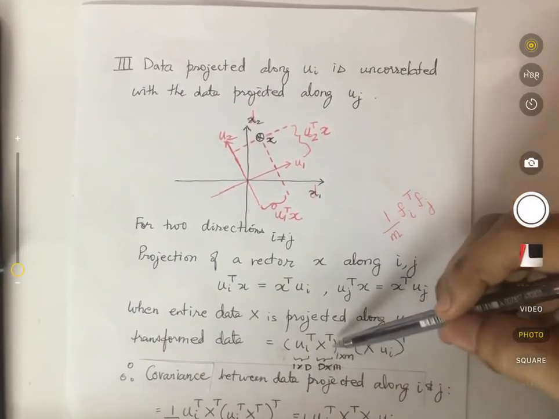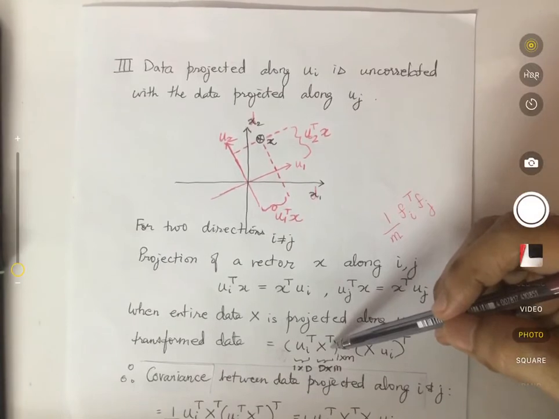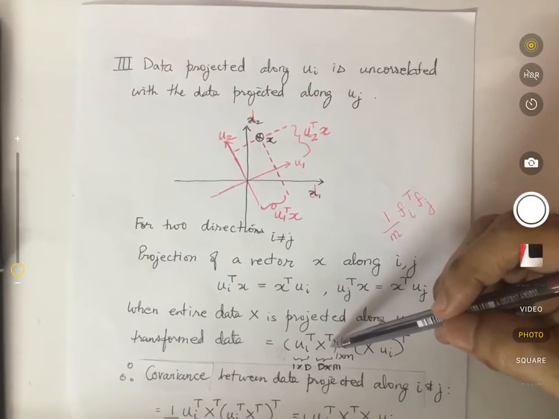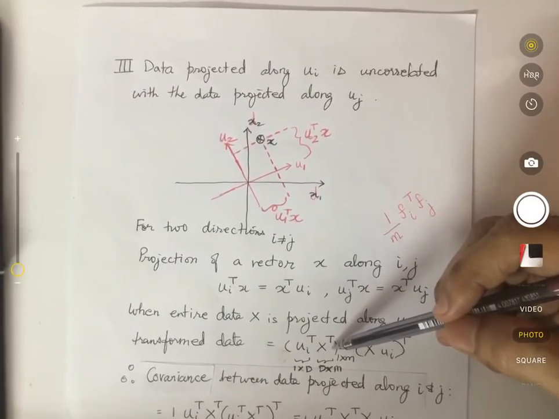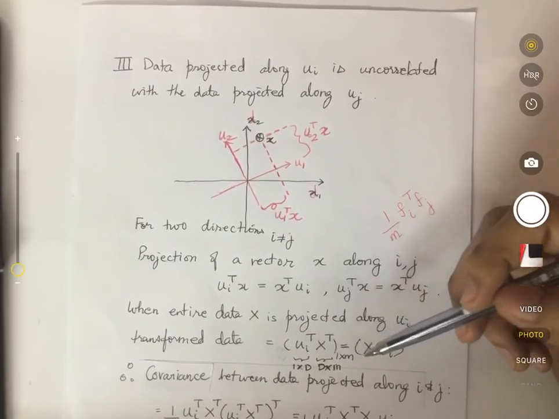The same is true here. Only thing is you get from all the examples the projection along ui, and similarly for uj.